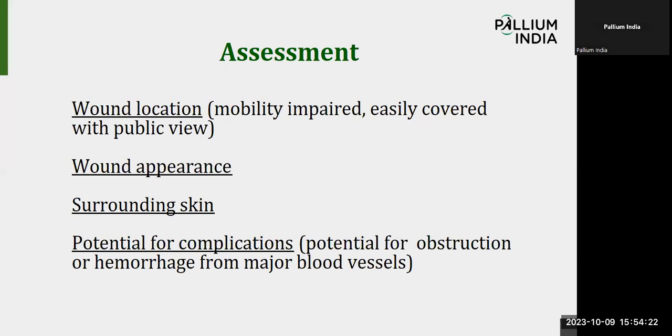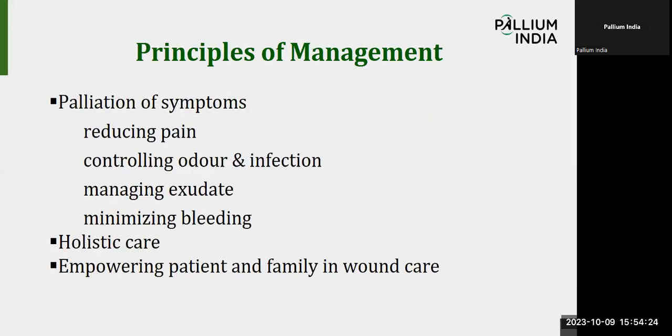Then what are the principles? The principle is associated with palliation of symptoms, that is, we have to follow symptomatic treatment: reducing the pain, controlling the odor and infection, managing the exudate, and minimizing the bleeding. We can reduce the pain by adding analgesics, either first step, second step, or third step analgesics.